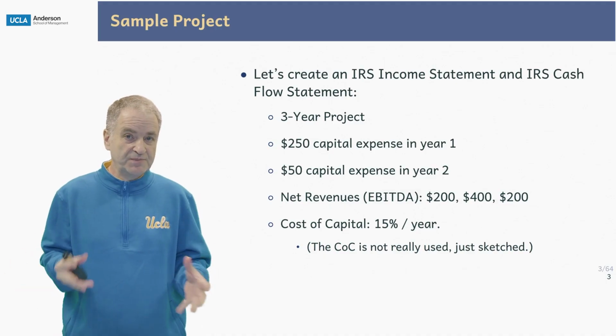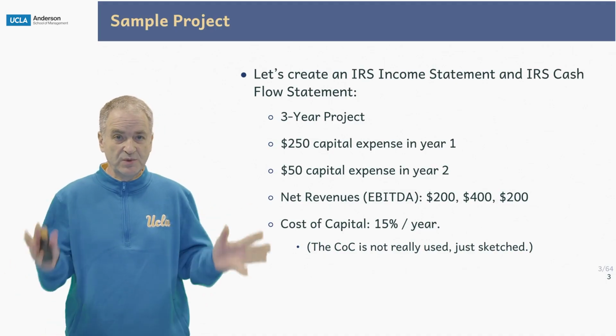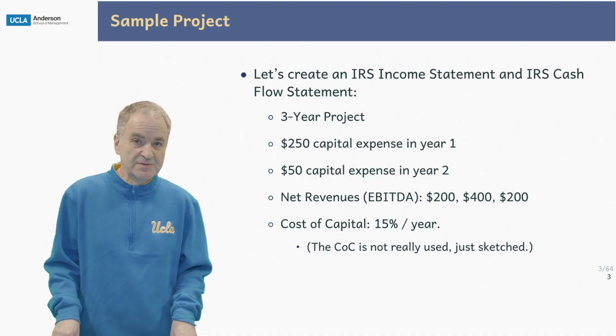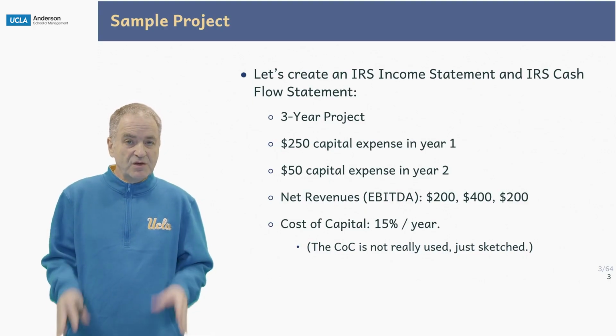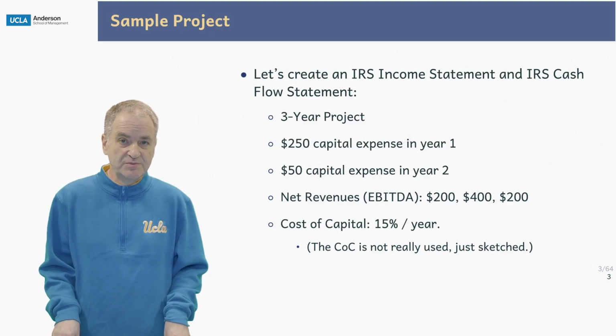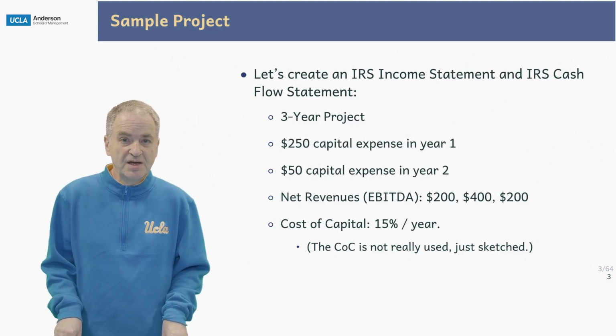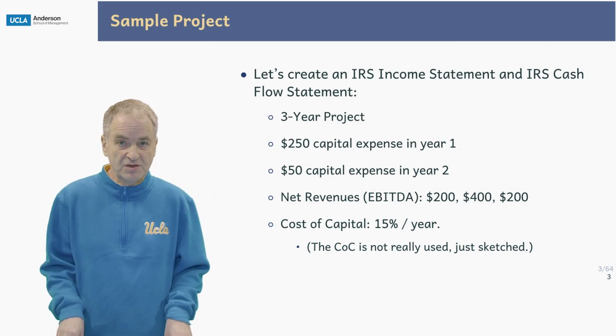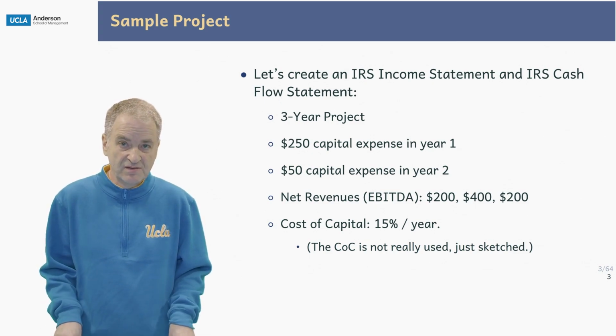You have to build the factory, the West Wing, get started on it. Then you have another $50 capital expense in year 2. Your net revenues, your earnings before interest, taxes, depreciation, and amortization are going to be $200 in year 1, $400 in year 2, and $200 in year 3.